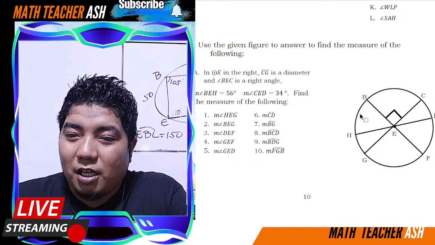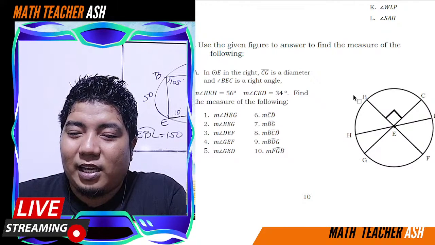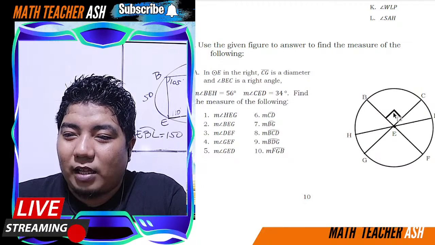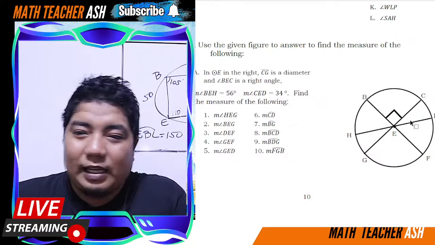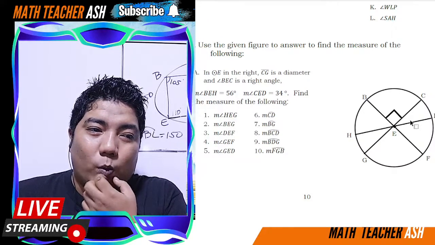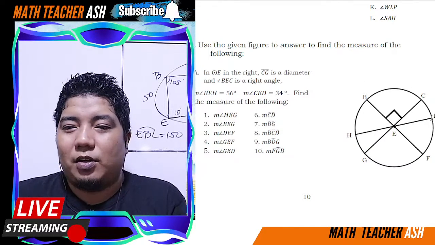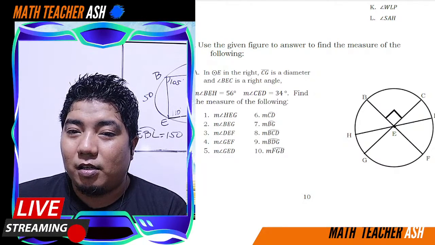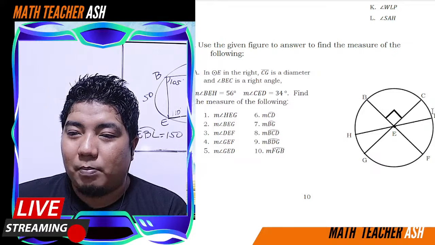BG. So, 90 degrees din yan. BCD. So, that is 90 degrees plus the 34 degrees. That will give you, I think, 124 degrees. Okay. BDG. Ang laki naman. BDG.